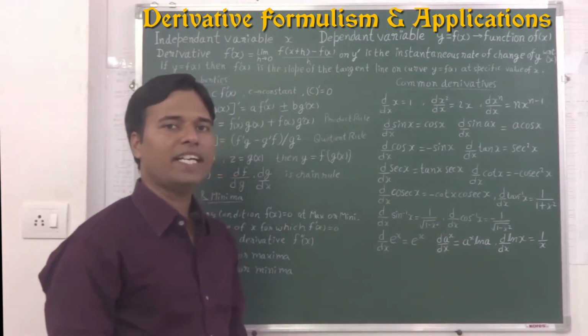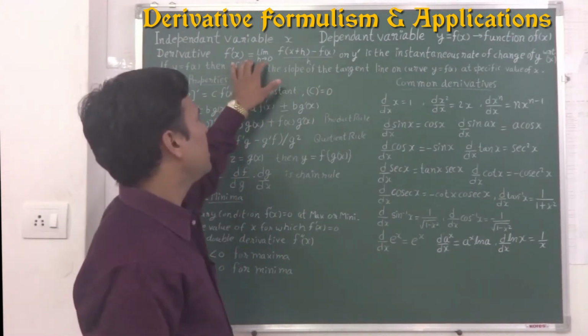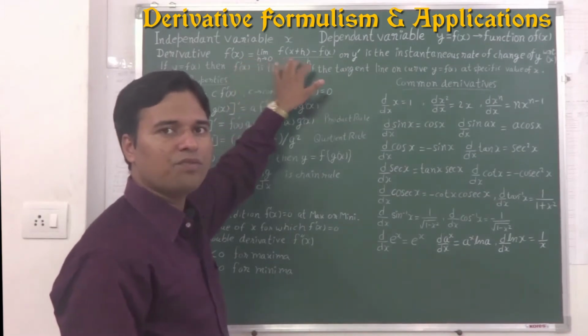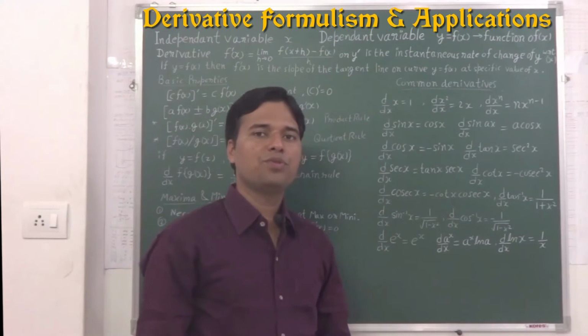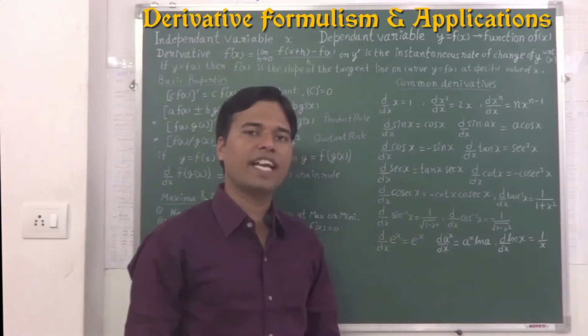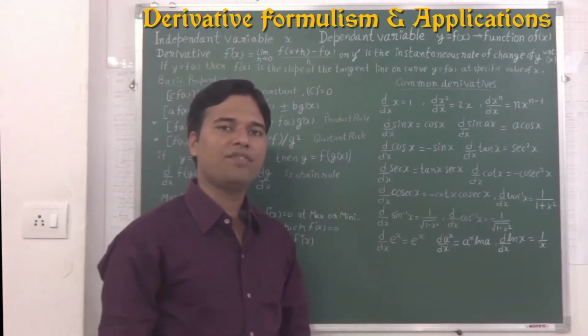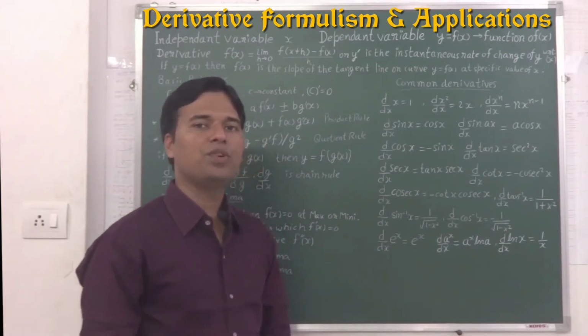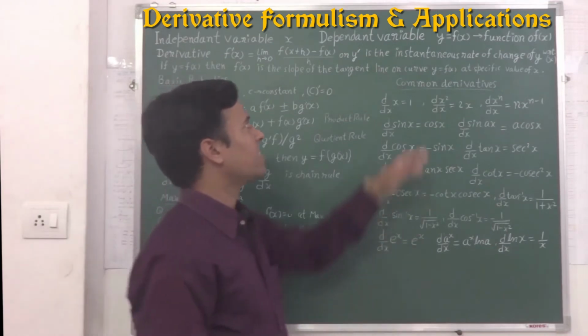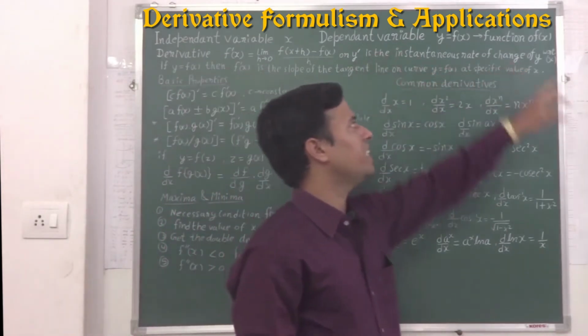In that condition, the derivative of f(x) with respect to x gives you the instantaneous rate of change in the function f with respect to the independent quantity x, the instantaneous rate of change of y with respect to x.